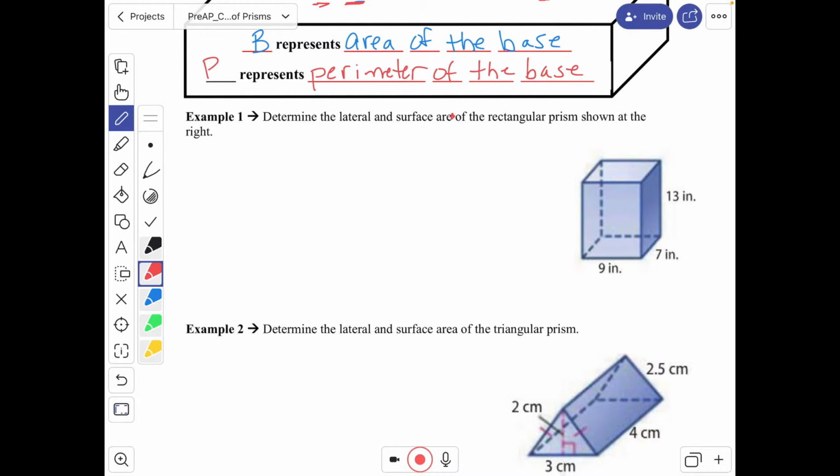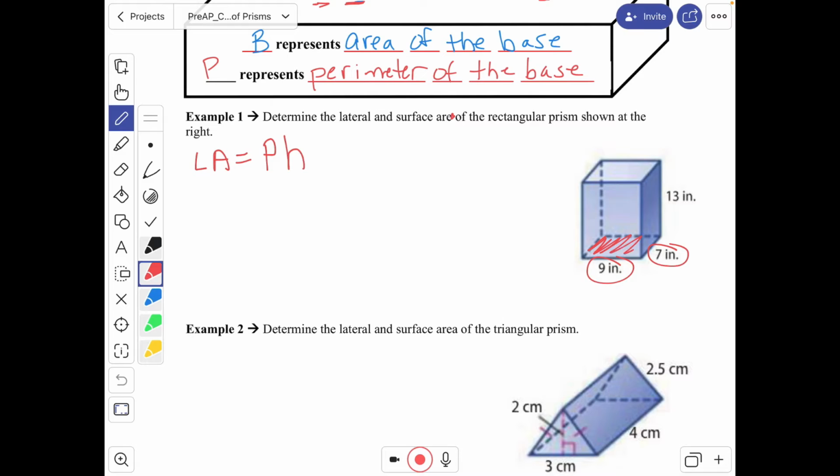So we need to use the formula for lateral surface area. We always start with the formula perimeter of the base times the height. Well, perimeter is side plus side plus side plus side, all 4 sides. Since they're not the same, we want to make sure we do all 4 sides.